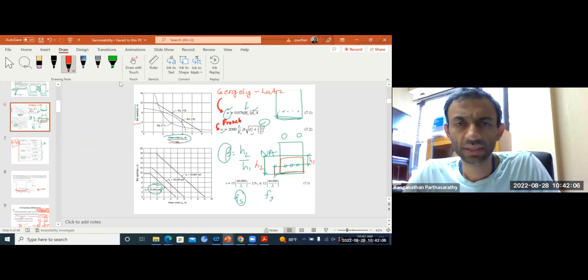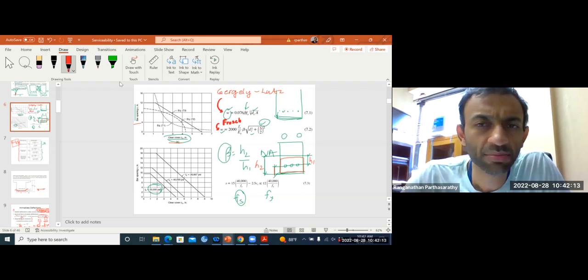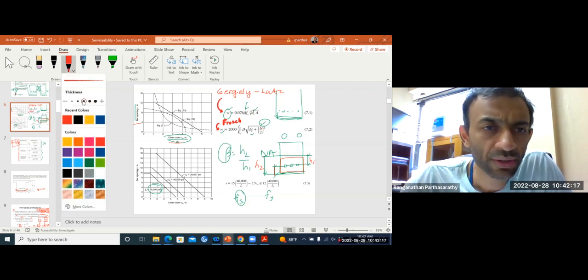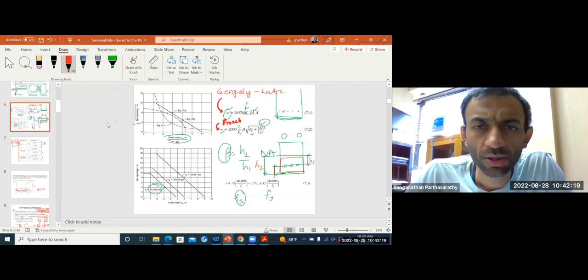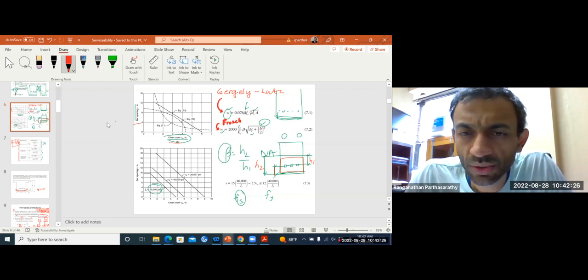In the Gergely and Lutz equation, W is the crack width, and beta is a ratio. Beta is the ratio of h2 by h1. h2 is the distance from the bottom to the neutral axis. h1 is the distance from the center of the rebar layer to the neutral axis.